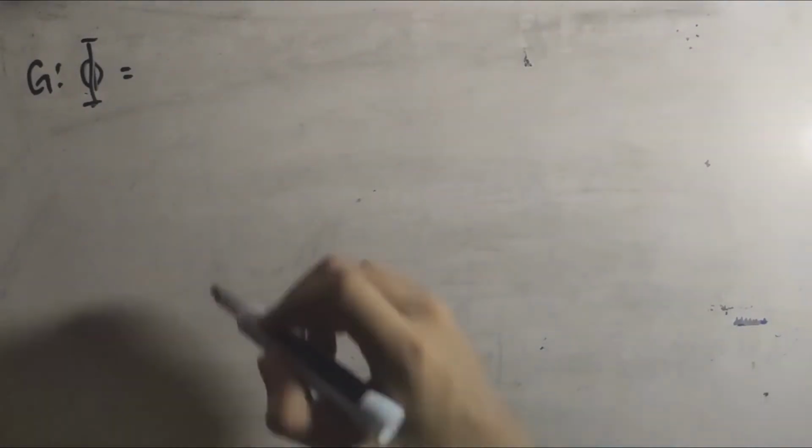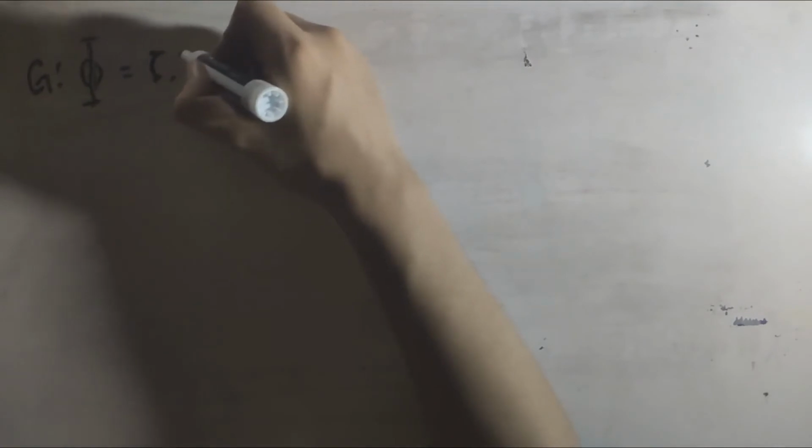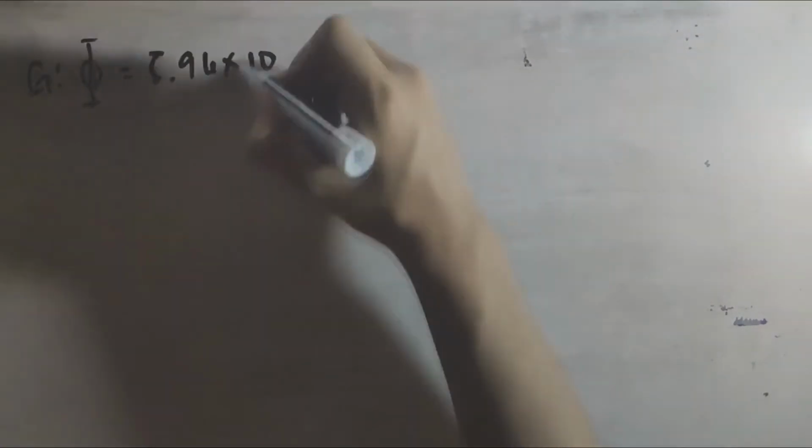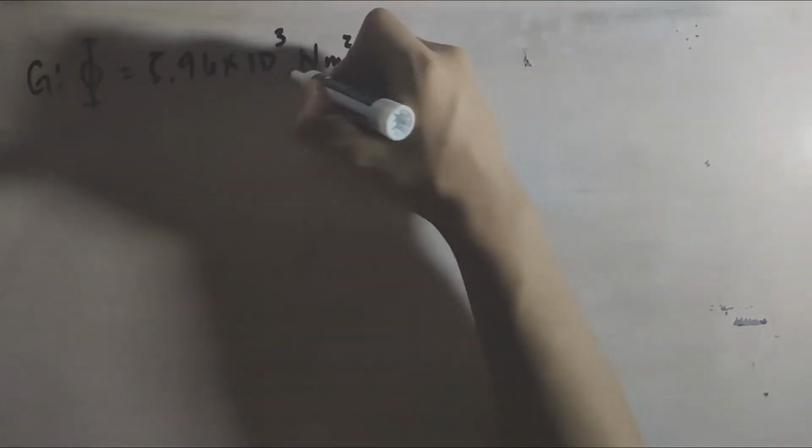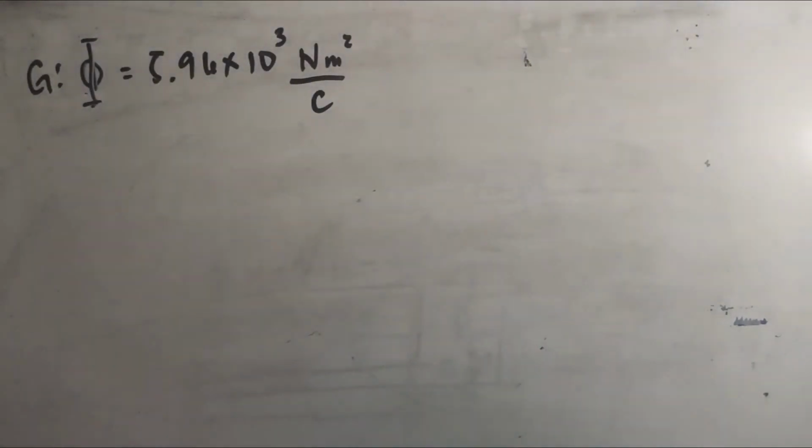Okay, for our third example, let's have the given. So we're looking for the electric field, so let's write the flux first. Okay, electric flux is equal to 5.96 times 10 raised to 3 Newton meter squared per coulombs.